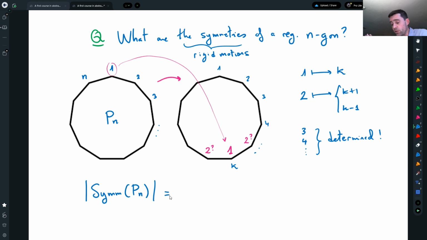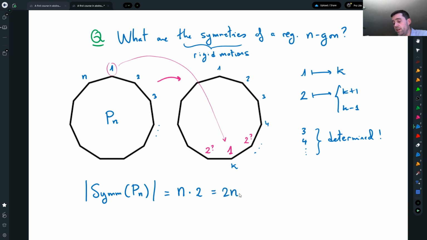Well, I can send one to any vertex, any of n vertices, so there are n options for 1. And then for 2, there are 2 options: either I go to the next one or to the previous one, and that is all.